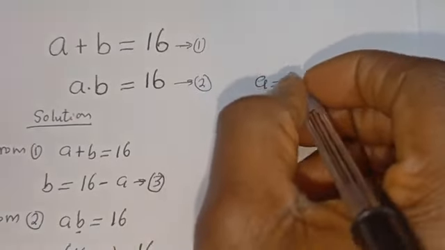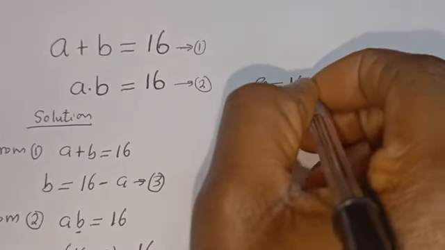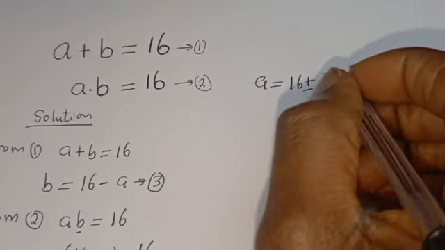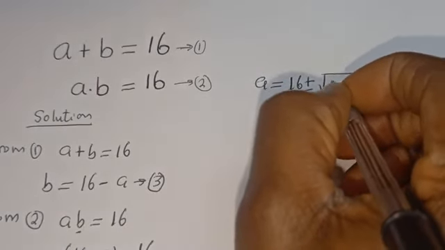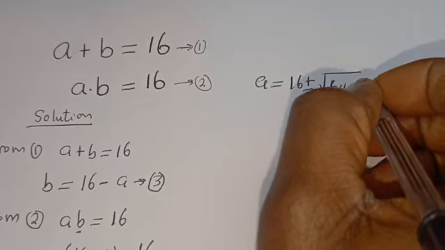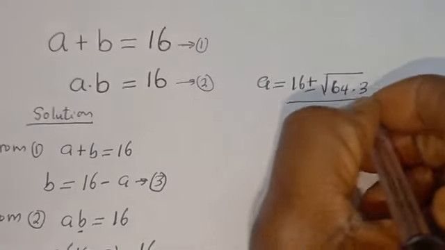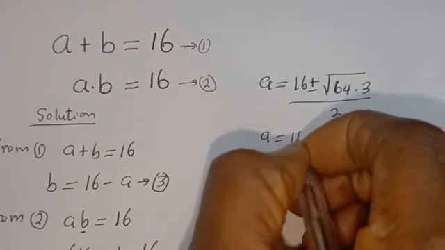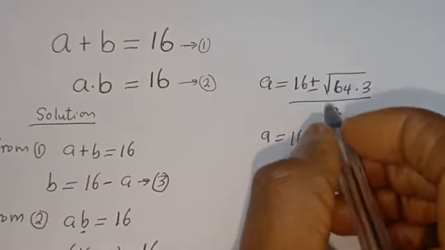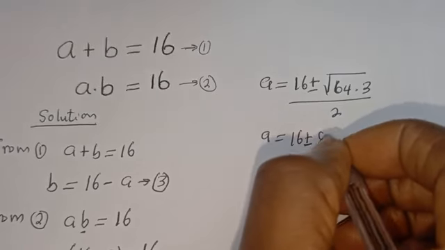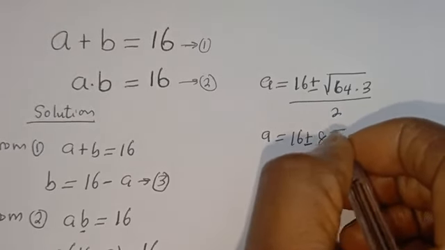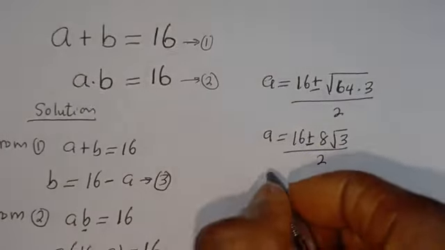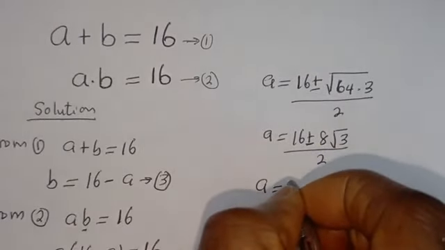A is equal to 16 plus or minus square root of 192, which can be written as square root of 64 multiplied by 3, over 2. Then A is equal to 16 plus or minus square root of 64, that is 8, root 3, over 2.